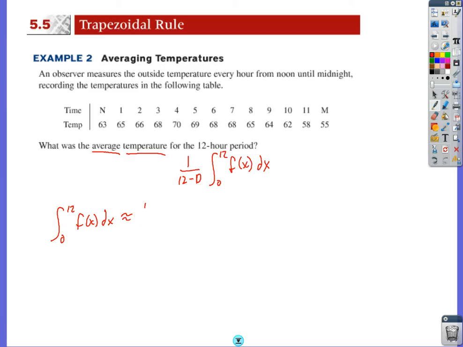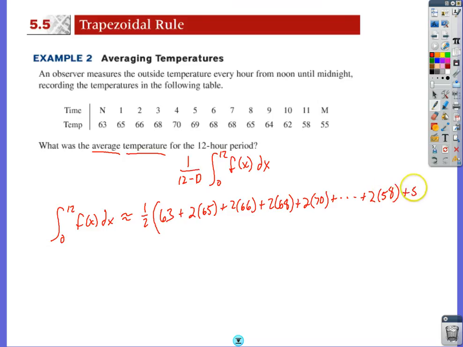So 1/2 times 63 plus 2 times 65 plus 2 times 66 plus 2 times 68 plus 2 times 70 plus and so on, plus 2 times 58 plus 55.